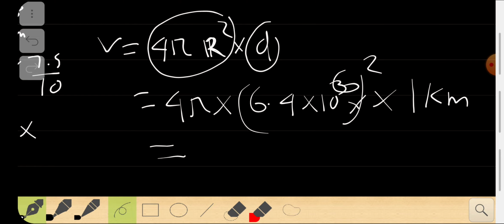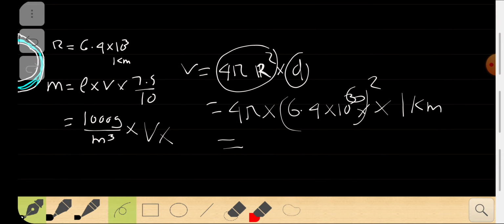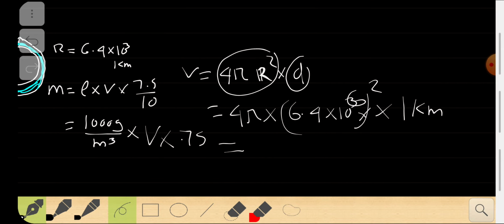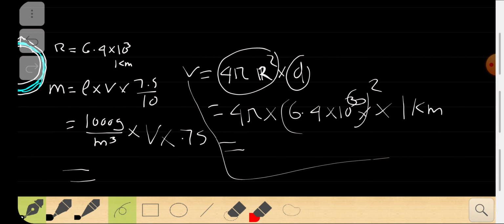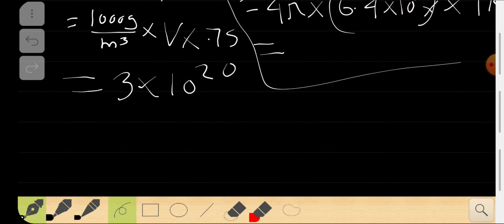When you substitute that value here, times volume times 0.75, you can calculate that yourself, you get 3 times 10 to the power 20. That's a big value.